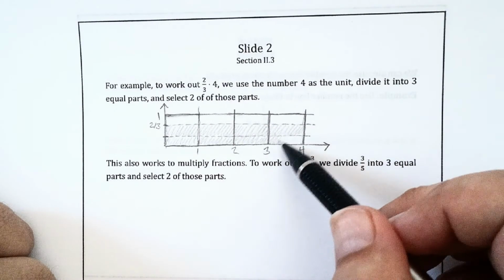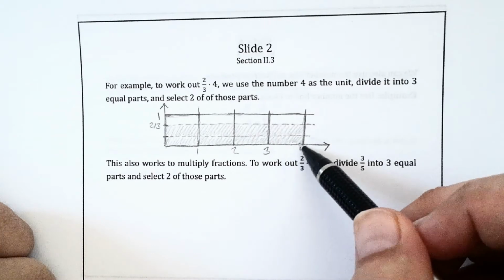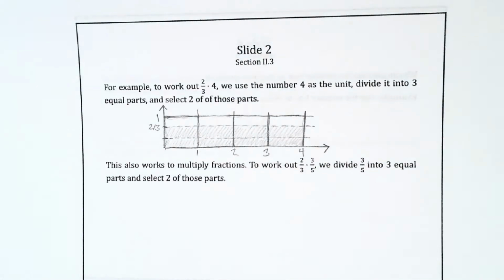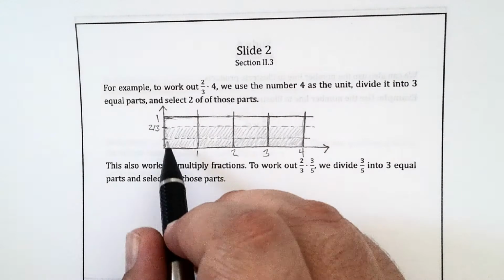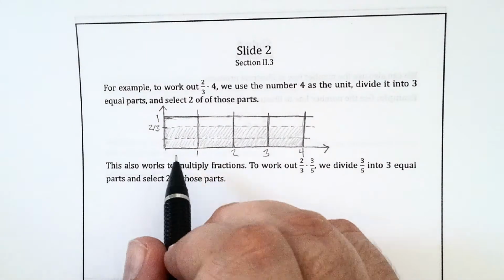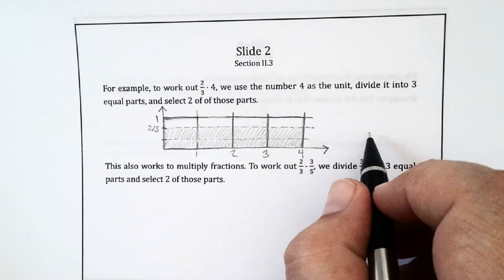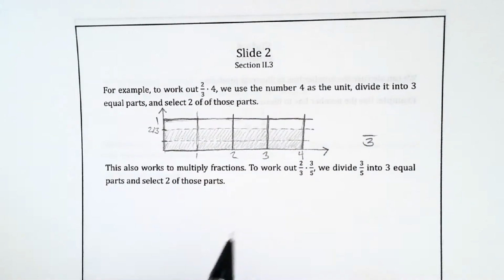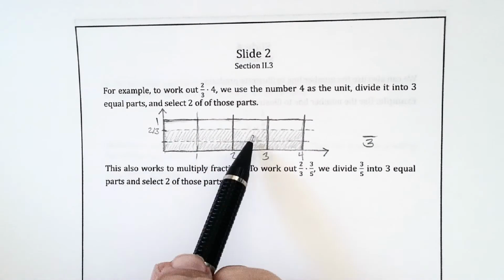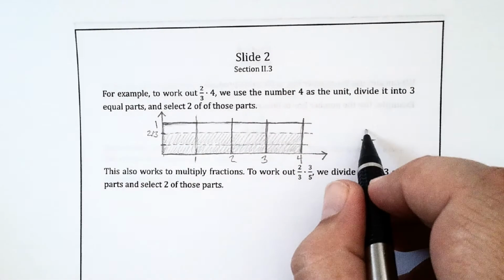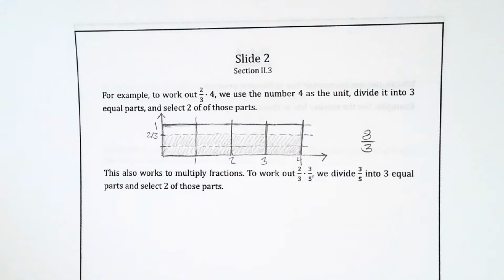What area is this? Well, if the basic unit here is the 1 by 1 square, then each square is divided up into 3 equal parts, so the denominator is going to be 3. And I have 1, 2, 3, 4, 5, 6, 7, 8. So 8 of those units shaded.